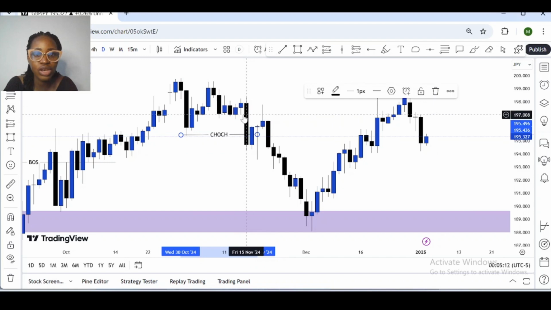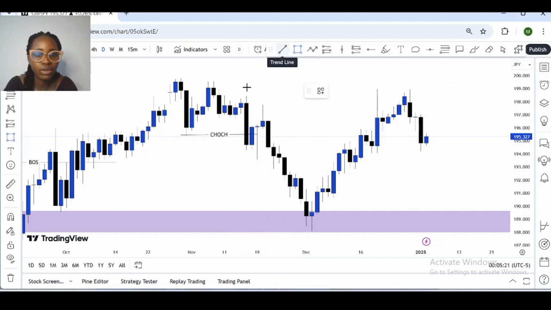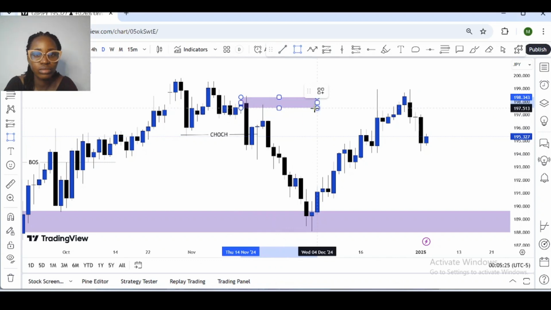You can see here we also have an imbalance, right? Price retraced all the way up to this origin that caused this change of character. Let me map it out. Okay, it got rejected and started pushing to the downside. So this is actually the retracement we saw on the weekly time frame.